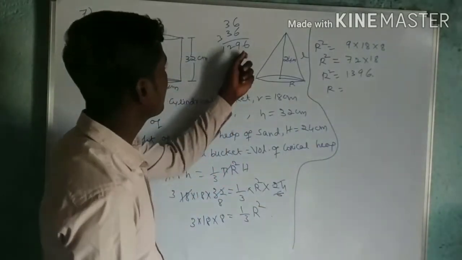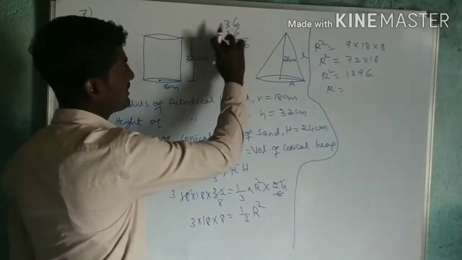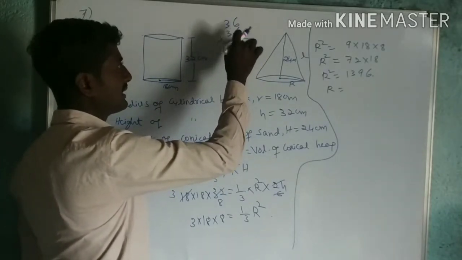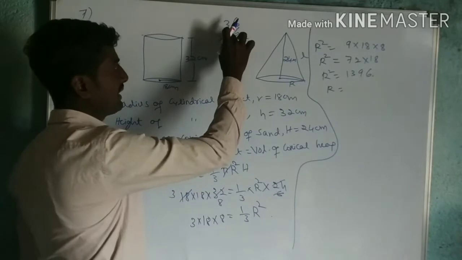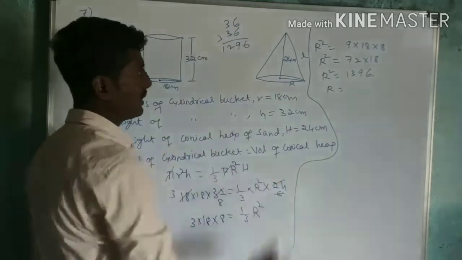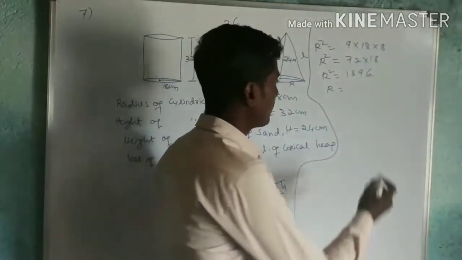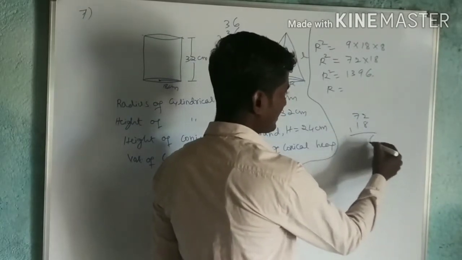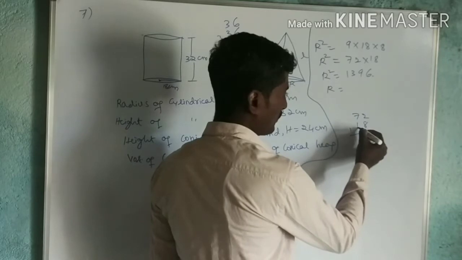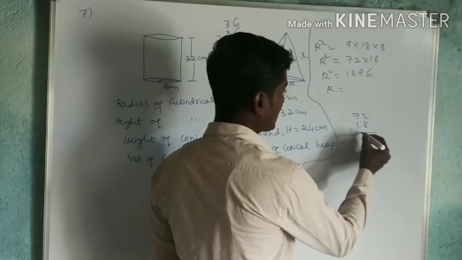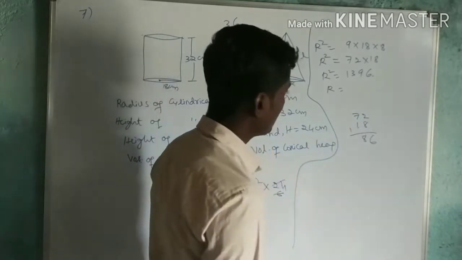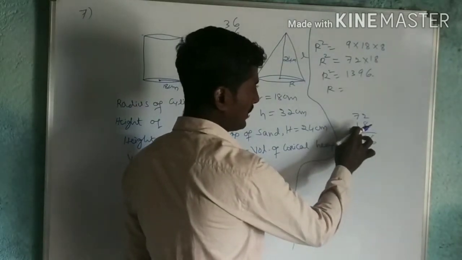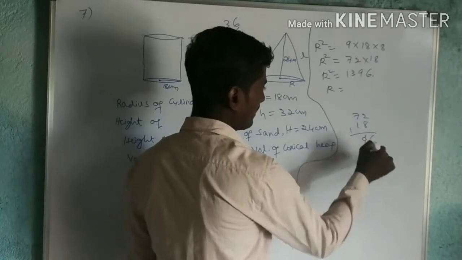1296 here I am getting. 6 6s are 36. 18 plus 18, 36 plus 3, 39, carries 3, 3 3s are 9, 9 plus 3, 12, 1296. Let us multiply this once again. 72 into 18, 8 2s are 16, carries 1, 56 plus 2, 58, 58 plus 1, 59.